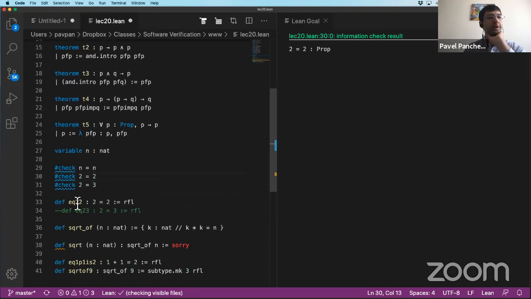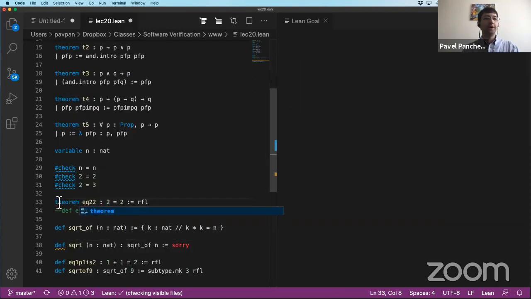And sure enough, here we have terms that prove various propositions. I could call this theorem, and Lean actually treats theorem and definition as the same. So maybe this will make it clearer that what I've written down here is a term, which is a proof of some proposition, namely that 2 equals 2, and that term is RFL, which is the term that proves equalities.